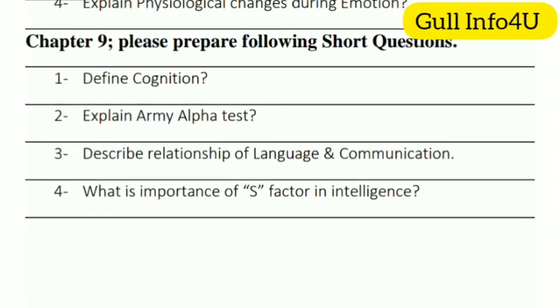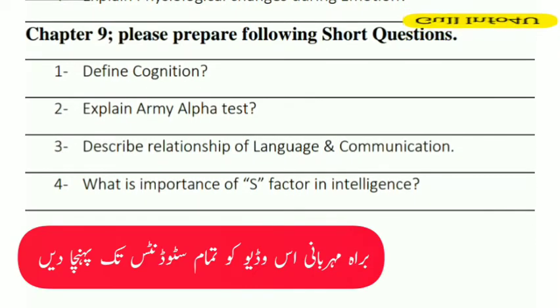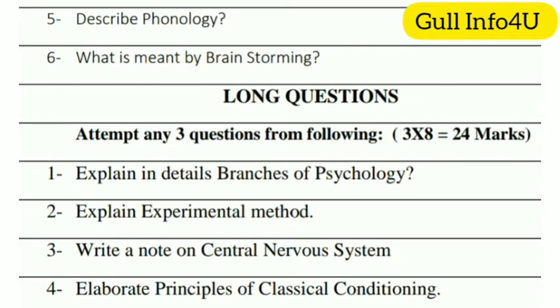From chapter 9 you have to prepare the following: define cognition, explain Army Alpha test, describe the relationship of language and communication, what is the importance of G factor in intelligence, describe phrenology, and the last question: what is meant by brainstorming. All the above-mentioned short answer questions you have to prepare for 44 marks.